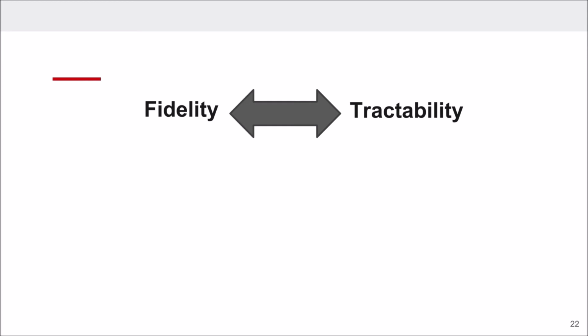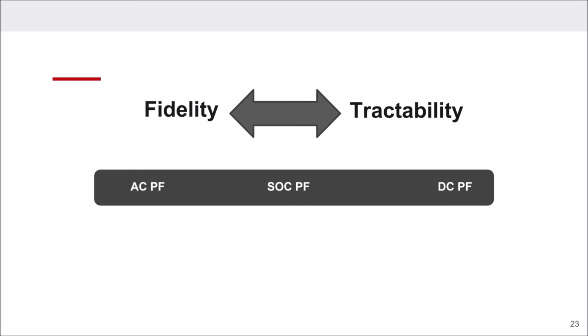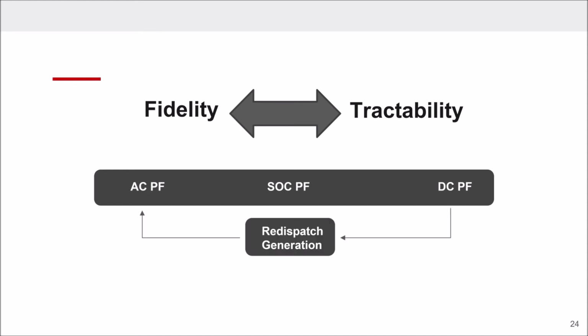What this all represents is this trade-off between fidelity and tractability when solving these restoration ordering problems. With the power flows, you can have the AC power flows, which are accurate physics of the actual problem, however, very difficult to solve, or the more tractable linear DC problem, but maybe doesn't quite represent enough of the physics of the network to actually have good solutions in the end, with the second order cone power flow being somewhere in the middle.